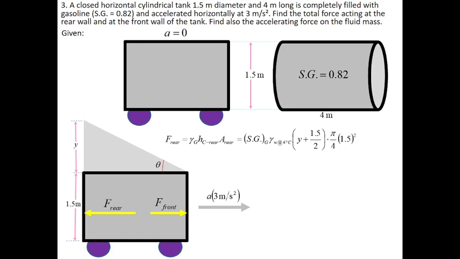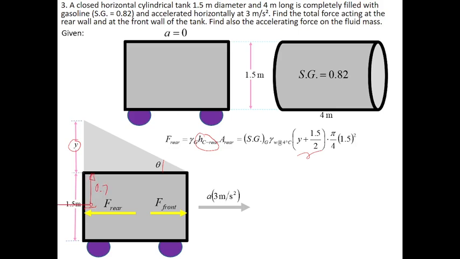Okay. So HC rear is y plus 1.5 over 2. Okay. So this is our y plus, because this is our tank, 1.5 meter diameter. Its centroid is at 0.75, 0.75, right?